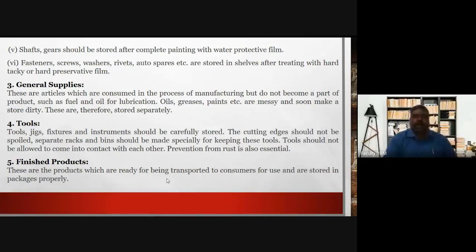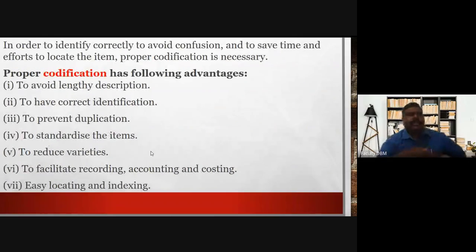Why is this packaging done? In order to protect the product from damage. So packaging is very important and plays a vital role in making the product look fresh. Even you would have seen some apples.